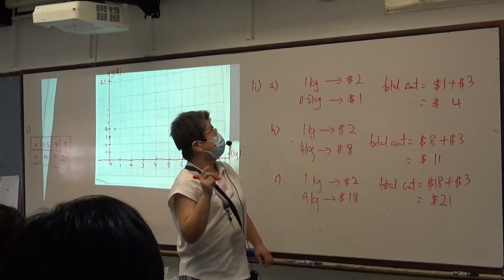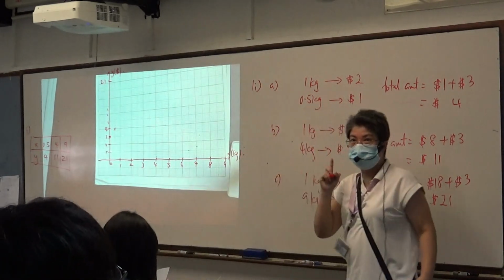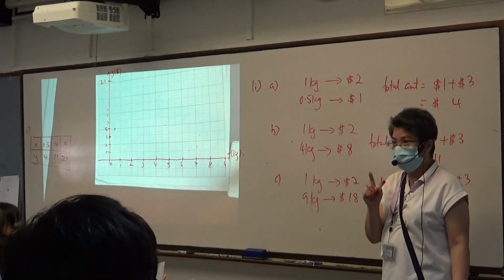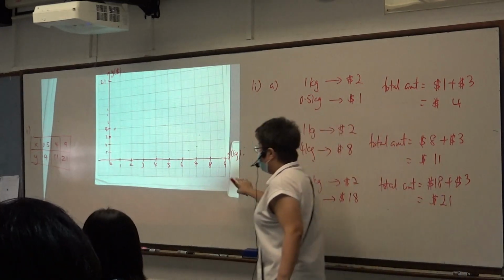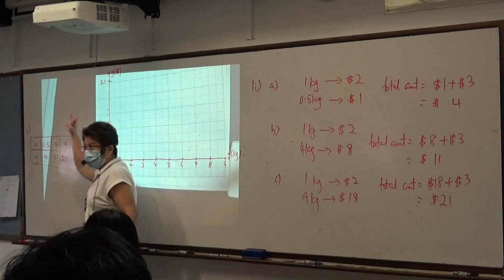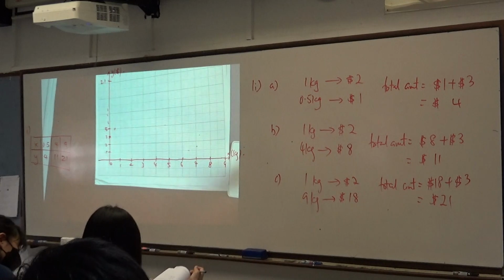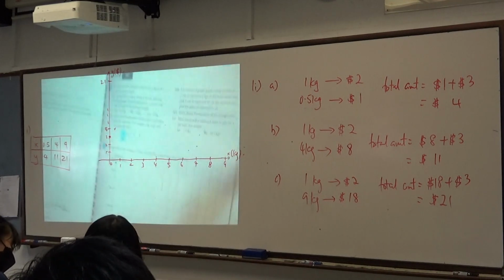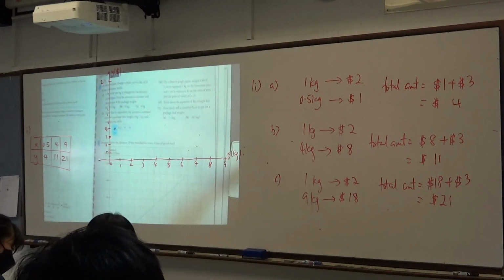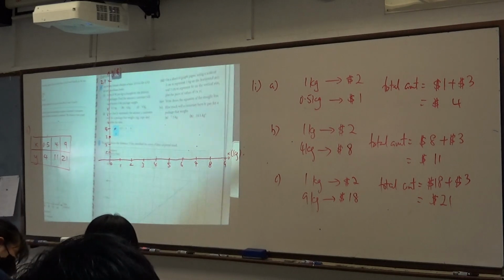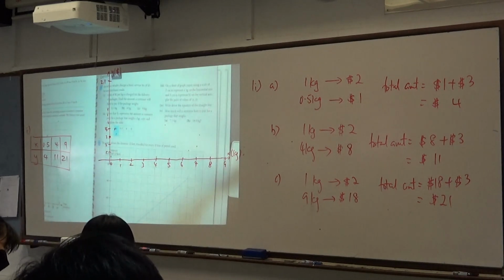Understand? Now, because time is running out, I'm going to give my instructions here. Stop what you're doing first. I want you to draw this graph for me and answer the questions that follows. All of you look here. Can you see I have other parts of the questions? Answer it at the back of the graph paper. Now, this is question number 1.